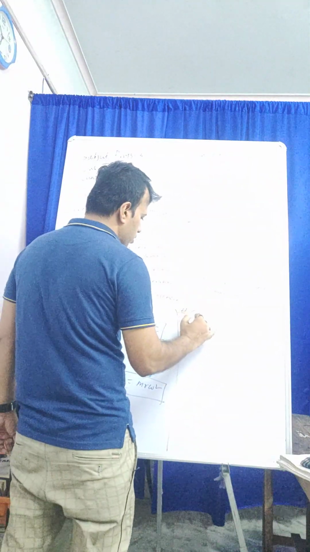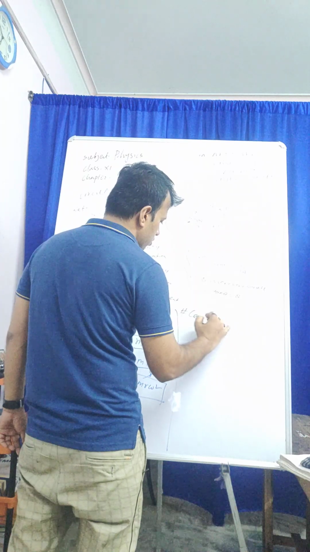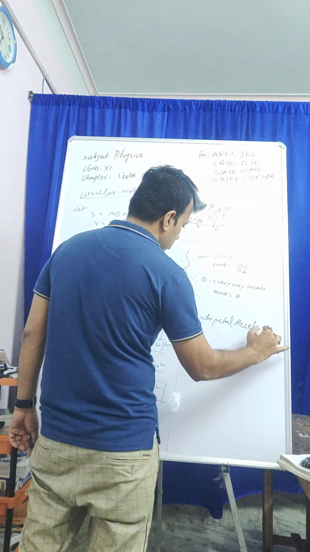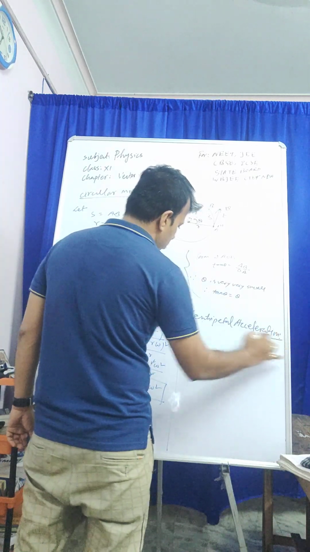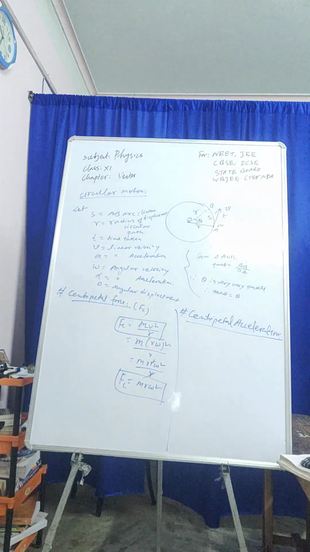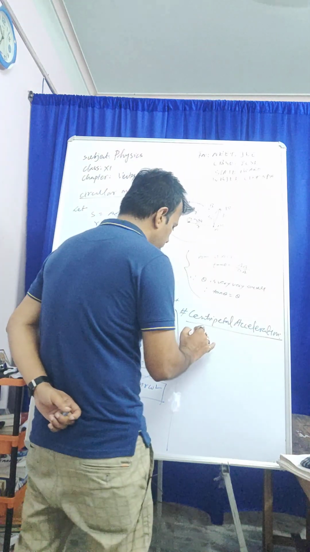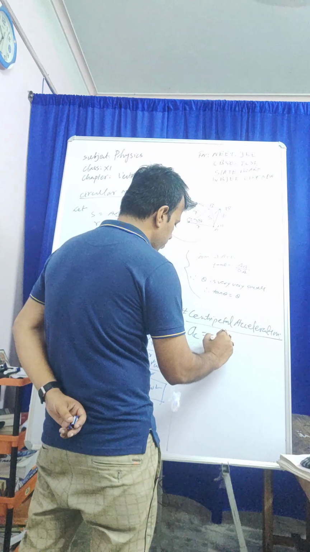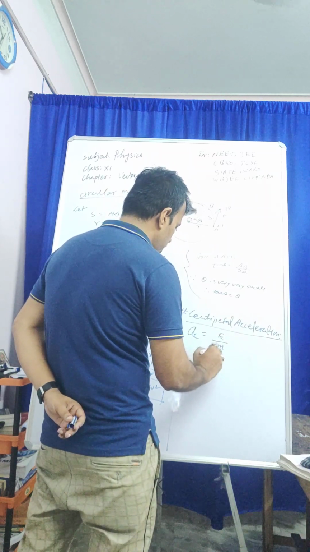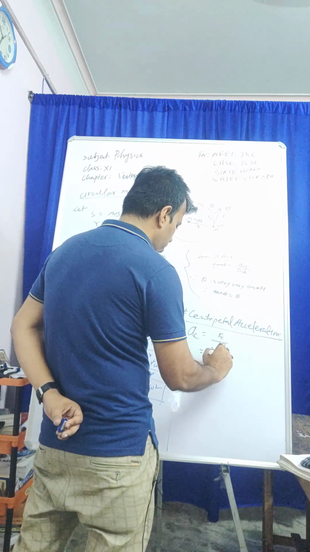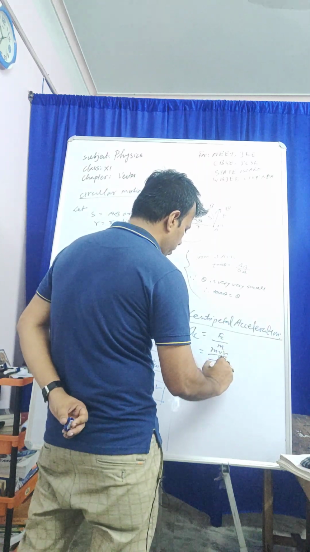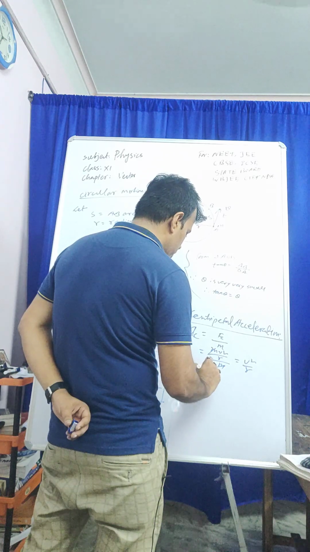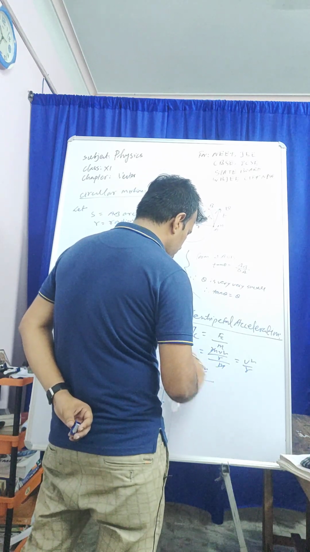Then centripetal acceleration. What is centripetal acceleration? It is ac equal to Fc by m. Fc is m v square by r, so dividing by m, the m cancels, so ac is equal to v square by r.